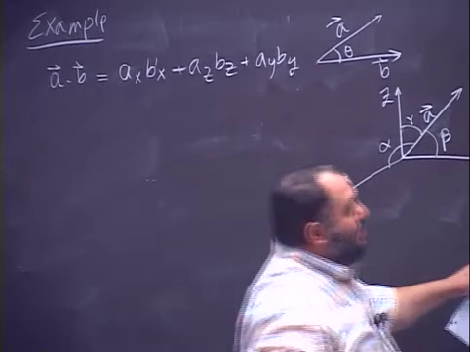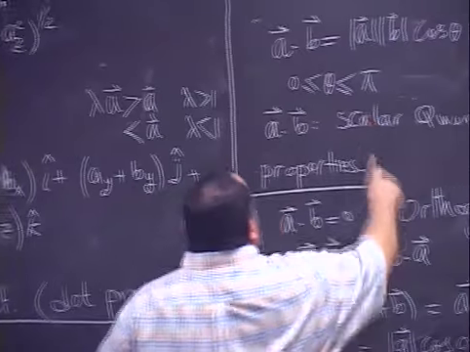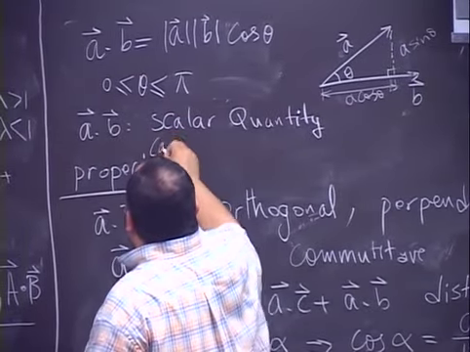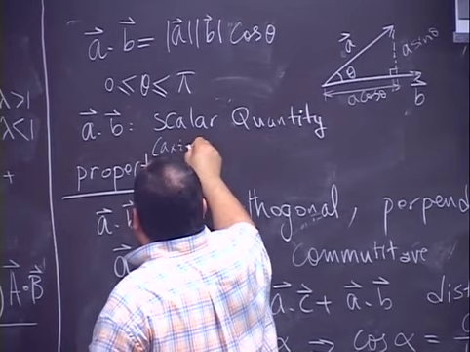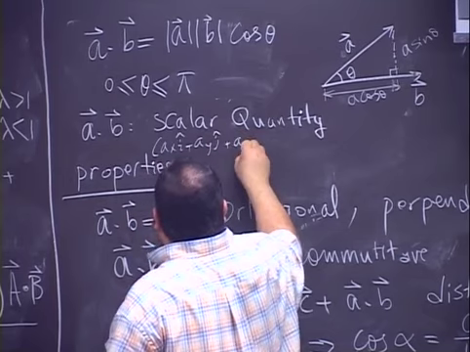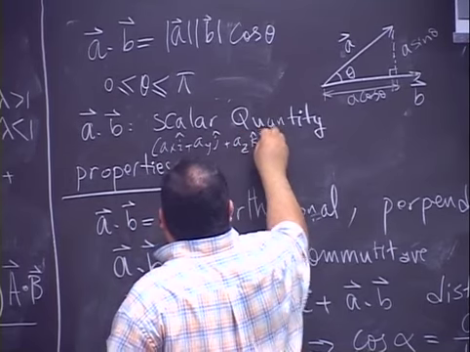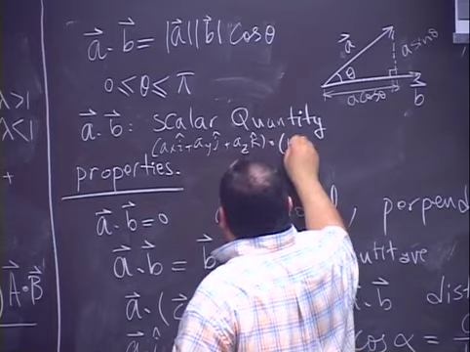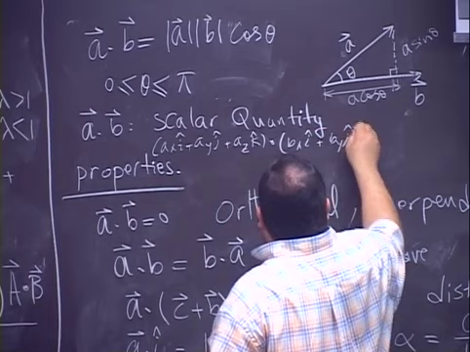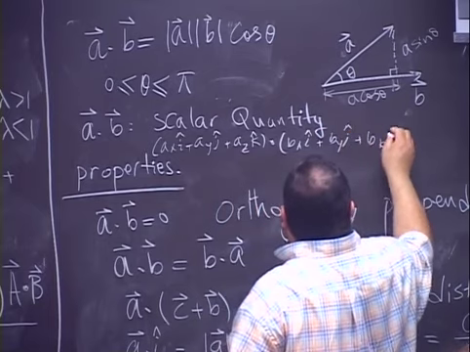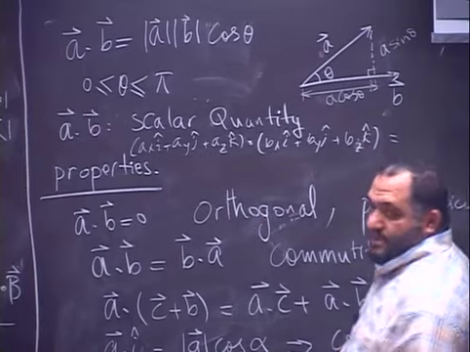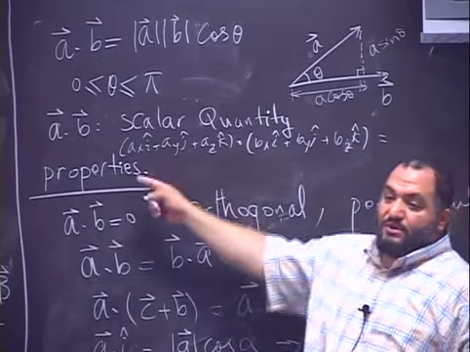So the scalar multiplication is this, but also you can write it as AX i plus AY j plus AZ k dotted with BX i plus BY j plus BZ k. Then you will multiply each term individually.